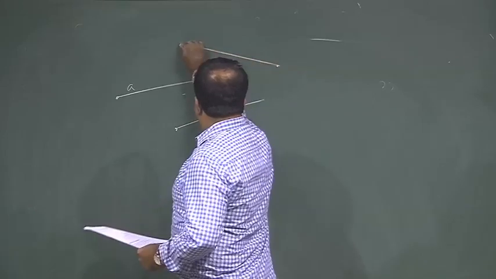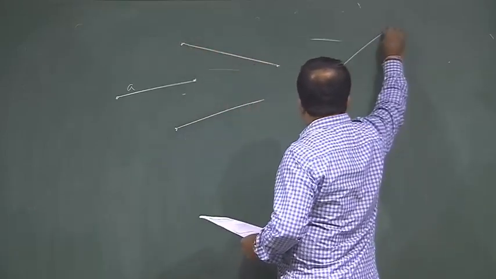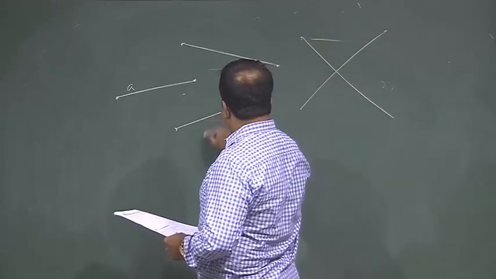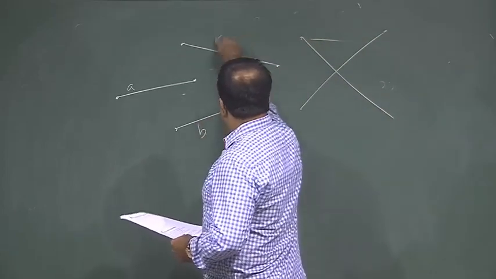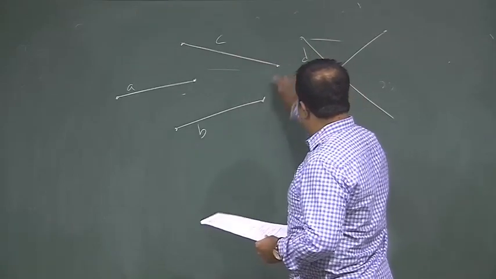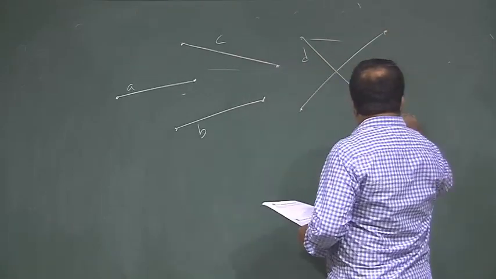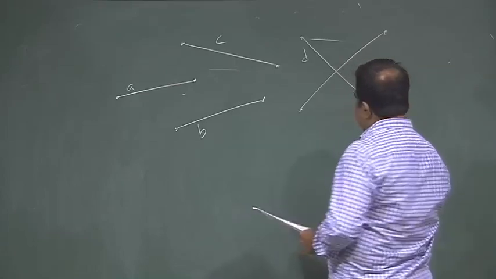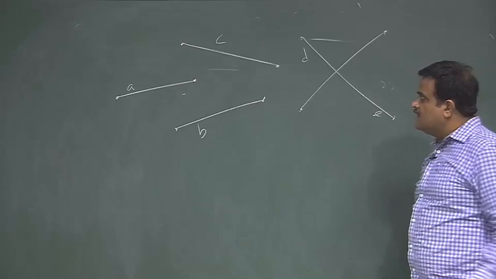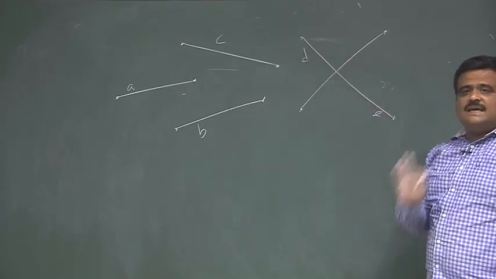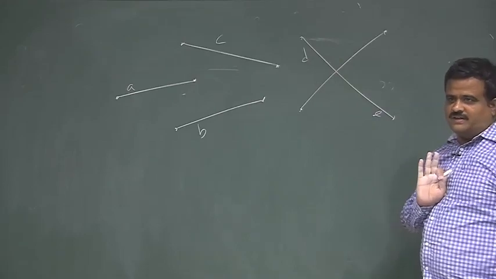A line has no starting point and ending point, but a segment has a starting point and an ending point. This is the E line. So suppose these are our input, there are n line segments. Now we want to know whether any pair of these segments intersect.